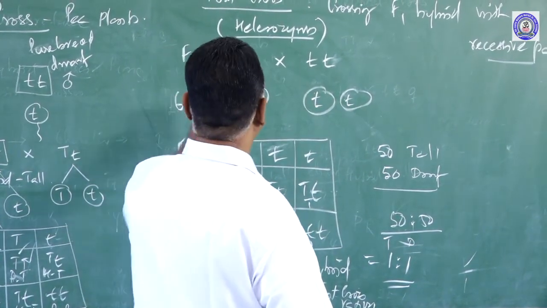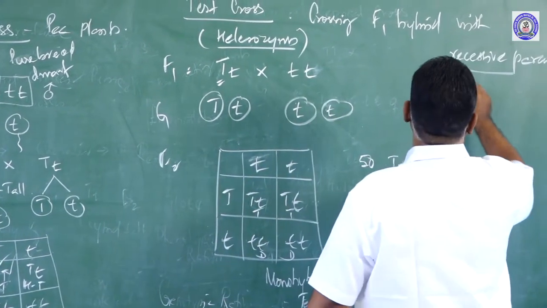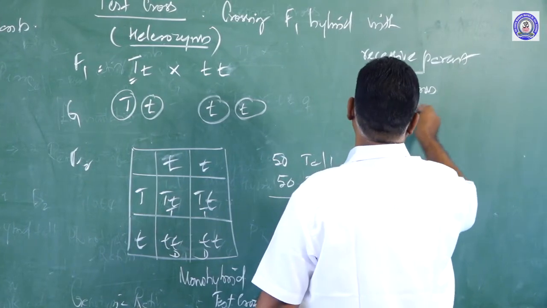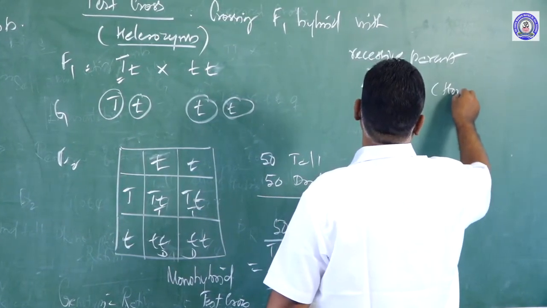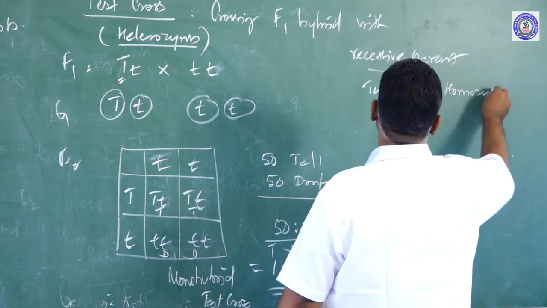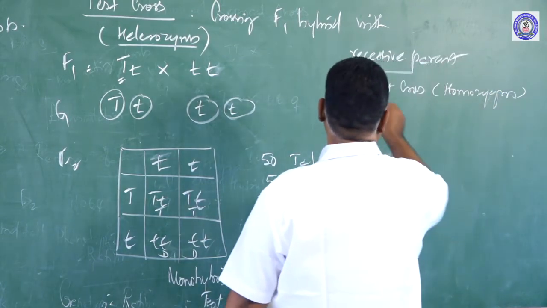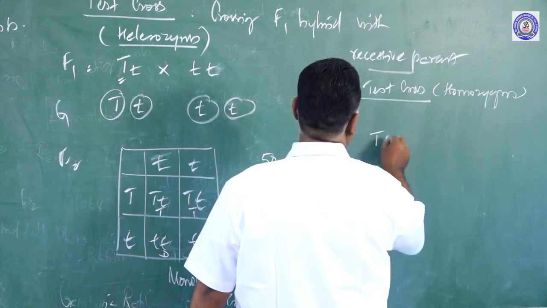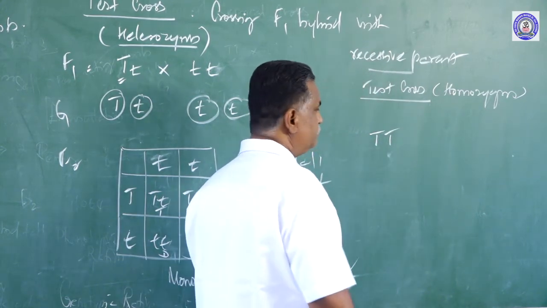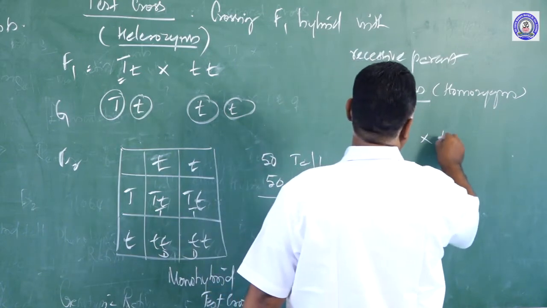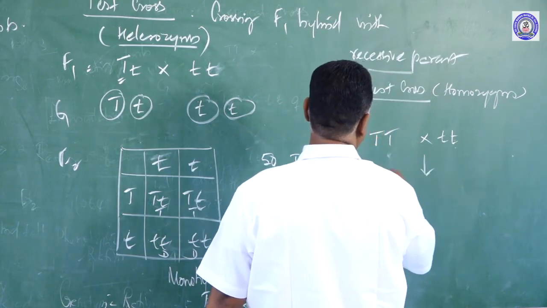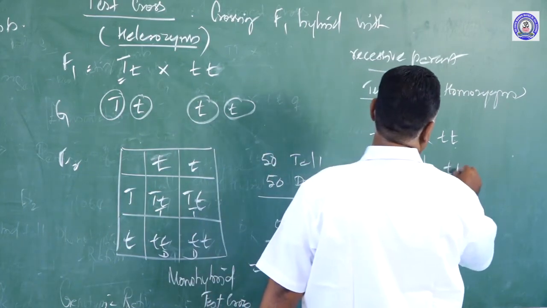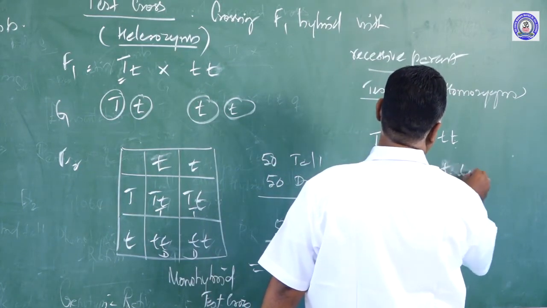And next is test cross with homozygous individuals. An F1 hybrid is taken, which is supposed to be having capital T homozygous tall, and it is crossed with small t, as we said, it will produce only one type of gamete like this, and here only one type of gamete, small t.